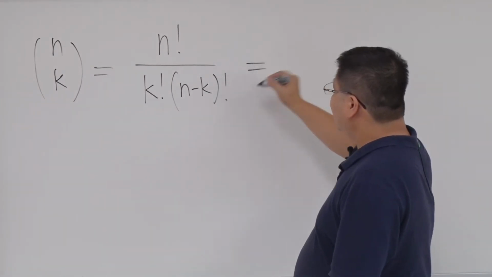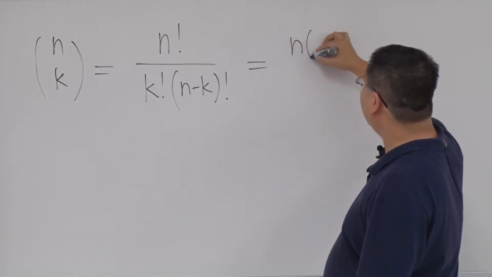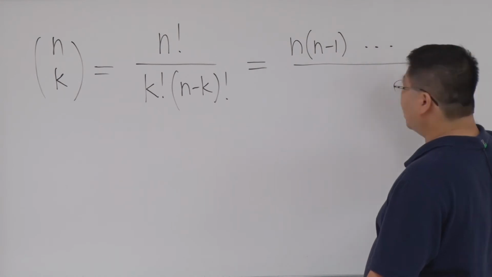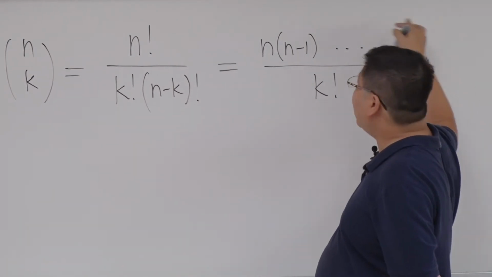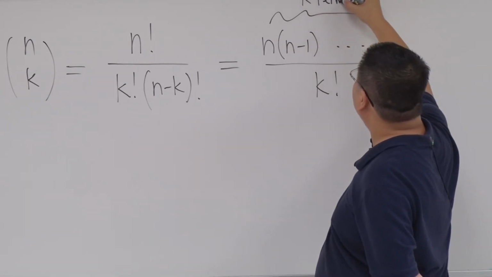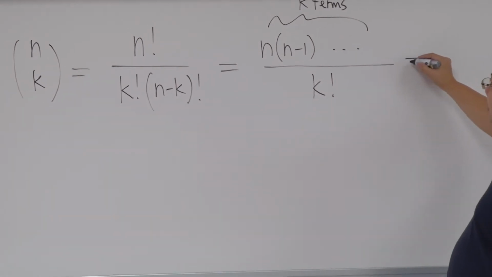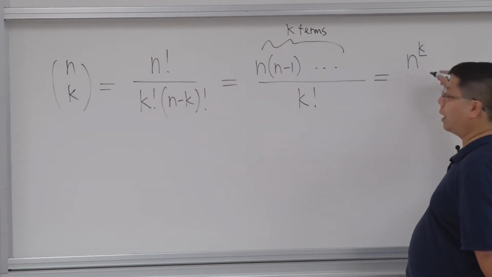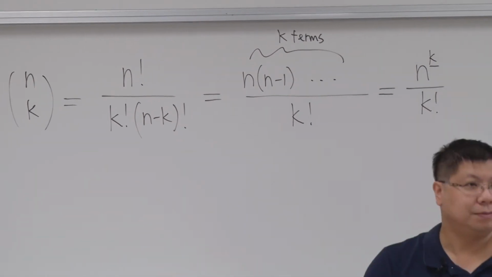So n factorial divided by n minus k factorial is, you start with n, n minus 1, and you cancel out the last n minus k terms. So what is left? There are only k terms left here. And this is equal to, by our notation, n to the power k falling divided by k factorial. Is that okay?